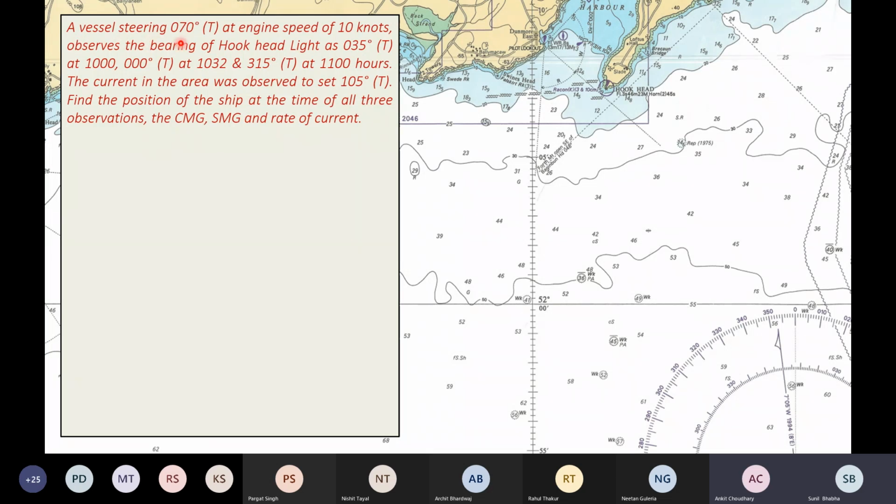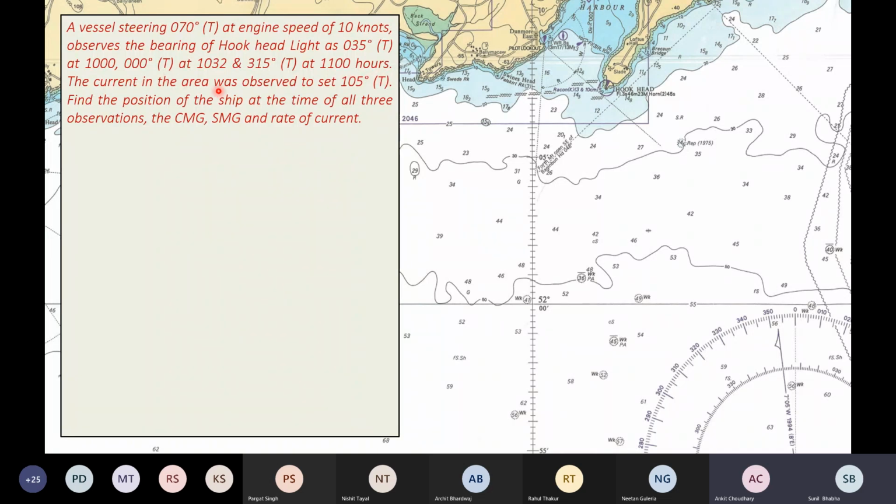A vessel steering 070 degrees true at an engine speed of 10 knots observes the bearing of Hook Head lighthouse as 035 degrees true at 1000 hours, 000 degrees true at 1032 hours, and 315 degrees true at 1100 hours.